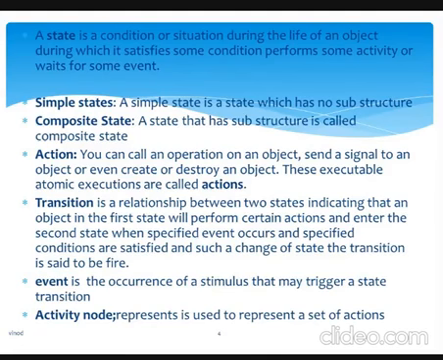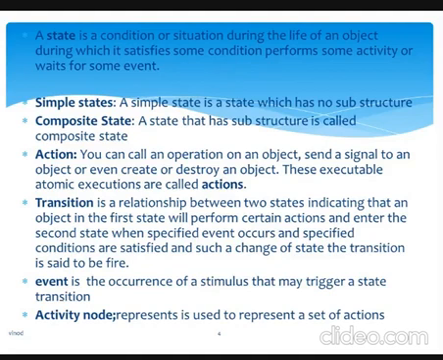That's why a state is a condition during the lifetime of an object which satisfies some condition. A simple state is a state which has no substates. A composite state is a state which has complex behavior and also contains substates.